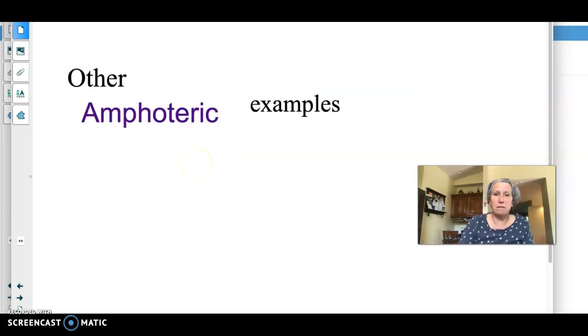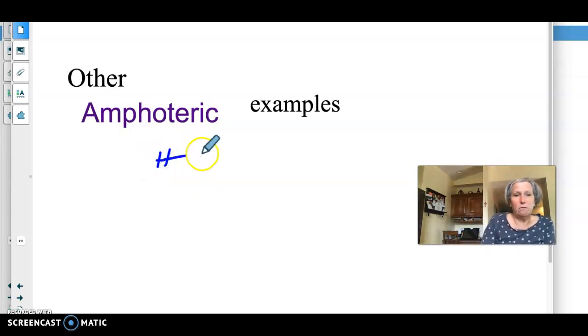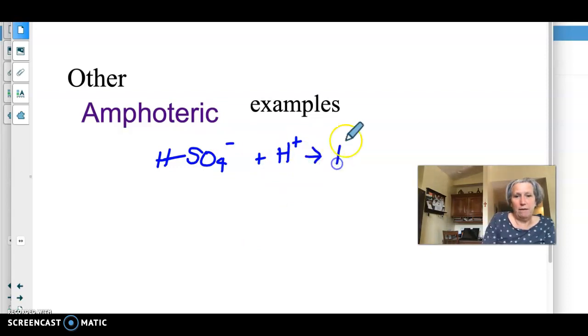Just to give you another example of something that can be amphoteric, it would be something like the hydrogen sulfate ion. It can gain a hydrogen and become H2SO4.